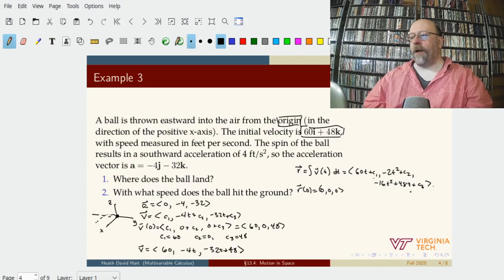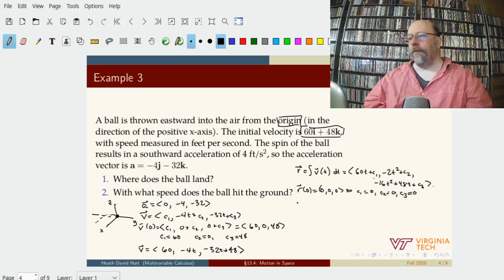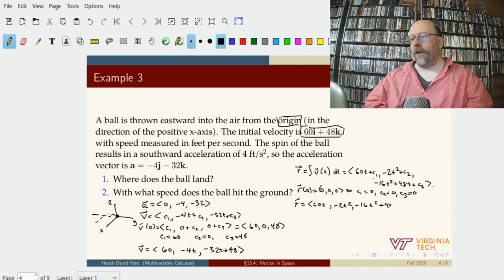And so all of my constant terms are going to be 0. Constant terms in this case match with the initial conditions, unless you have something tricky in your expression like an e to the t or a cosine of t that give you some value at t equals 0, and we don't have any of those things here. So the position is 60t plus 0, negative 2t squared plus 0, negative 16t squared plus 48t plus 0.